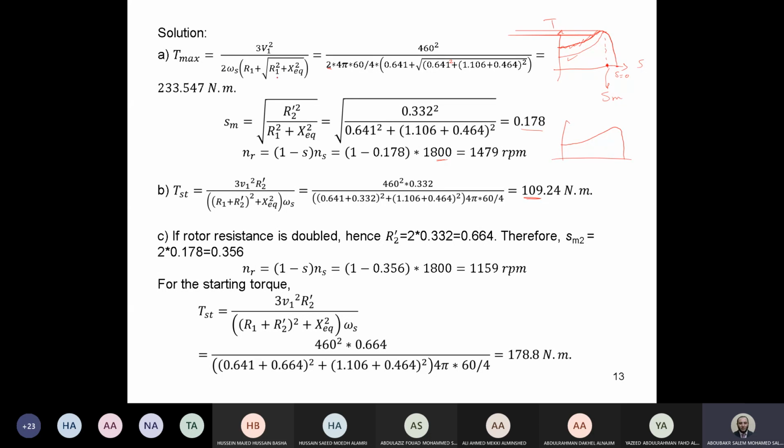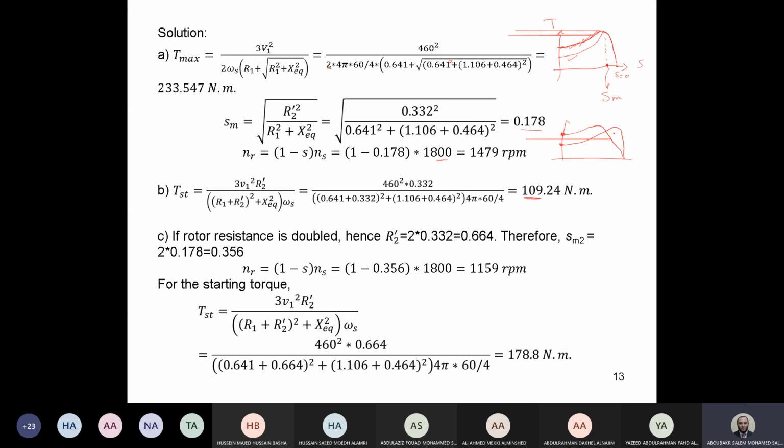There is no R2 prime in the equation, so it's independent of the rotor resistance. So we can say now the curve will be like that. Maximum torque will be constant, and the starting torque according to the characteristic should be increased. So this should be the starting torque in the second case.